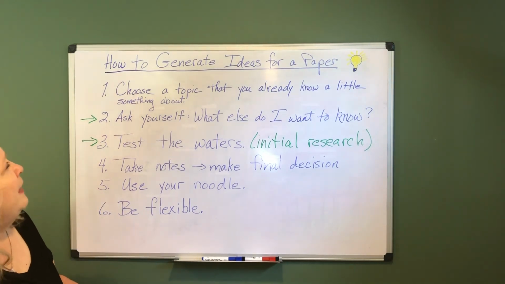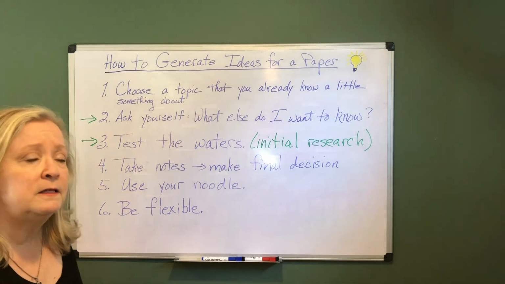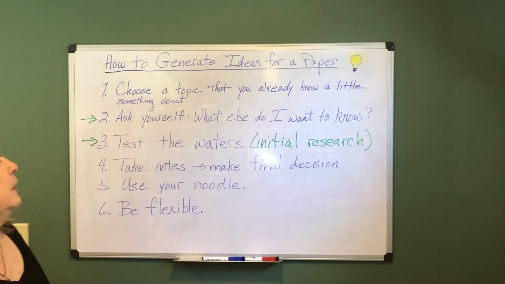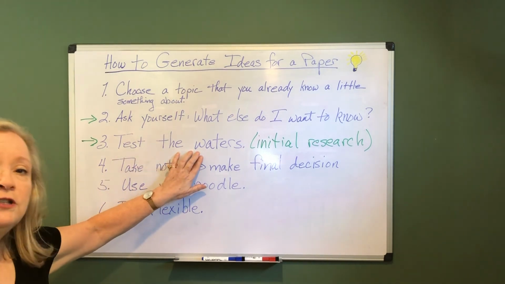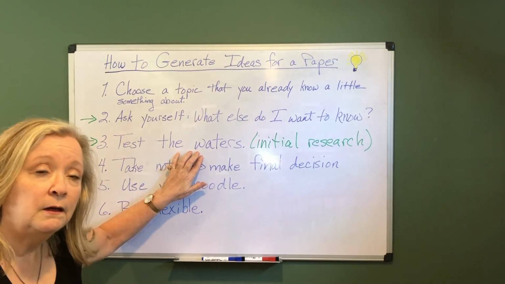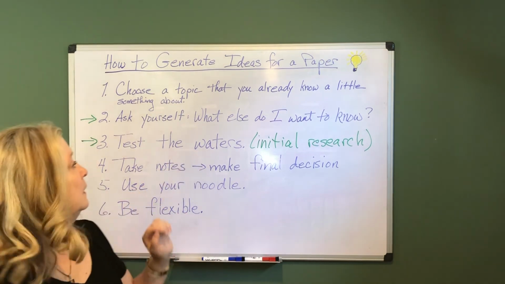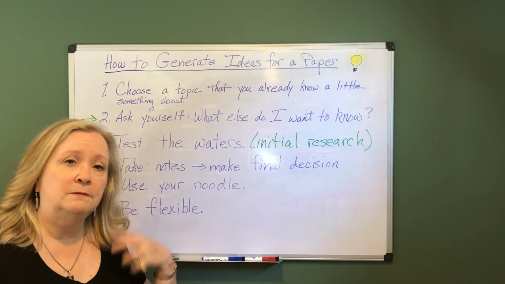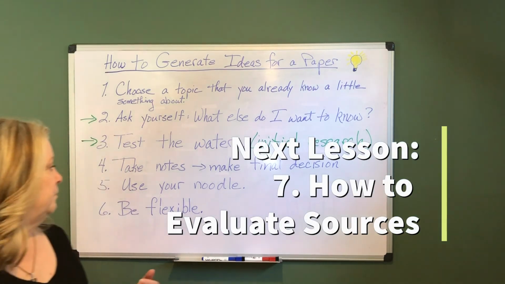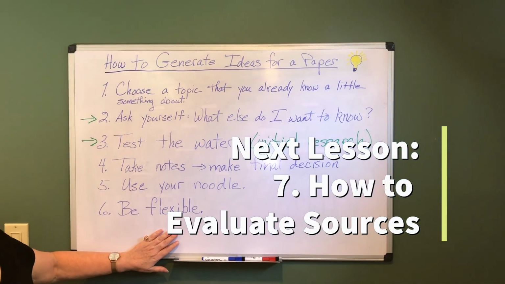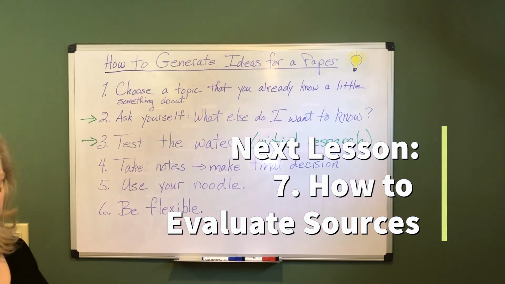All right? Now that's how you generate ideas for your paper. When I say test the waters, start your research, I mean go into the library and start researching. I do have another lesson on how to research and how to evaluate your sources. So there's the lesson on how to generate ideas for a paper.